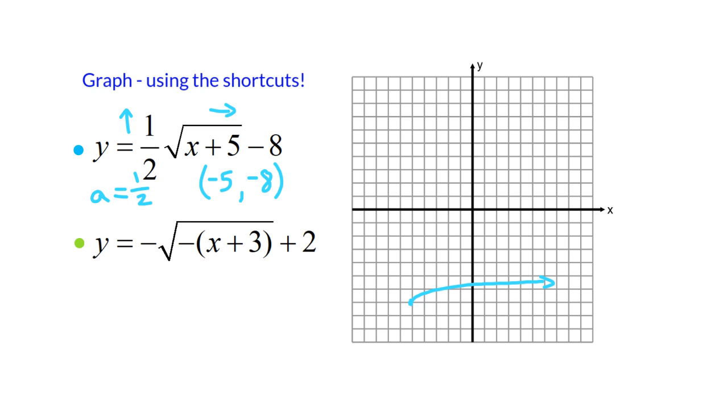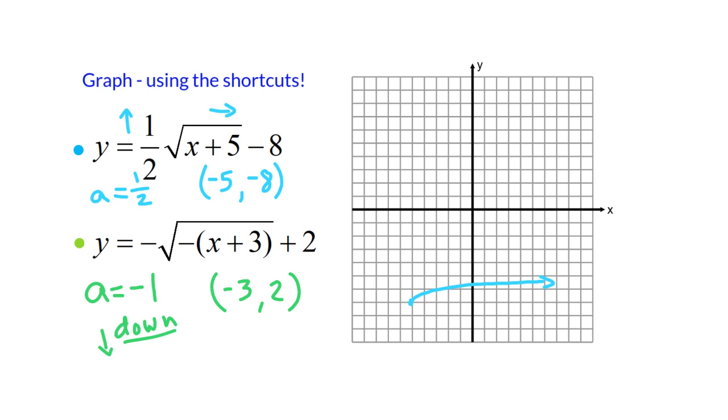All right, next question. Again, we know the starting point. Write it in. It should be -3, 2. We know the A value is -1. So let's look at that. The fact that it's negative tells us this is going to be going down instead of up, right?